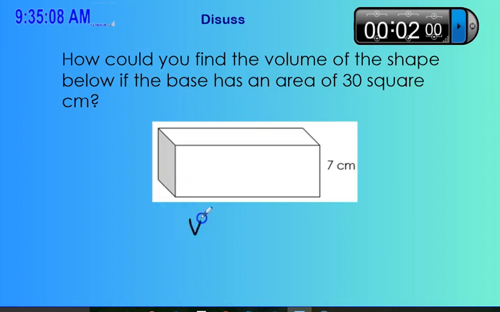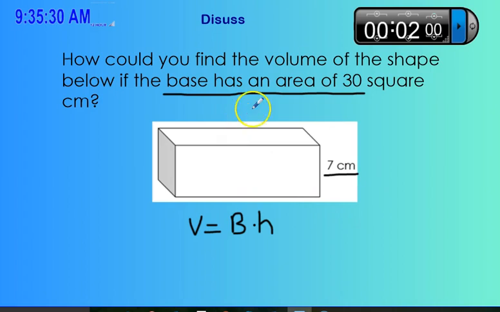Well, if volume equals, and this is not on your paper, base times height, then we actually have all of the information that we need, right? They tell us the base is 30. They show us that the height is 7. So to find the volume, all we have to do is multiply those numbers.